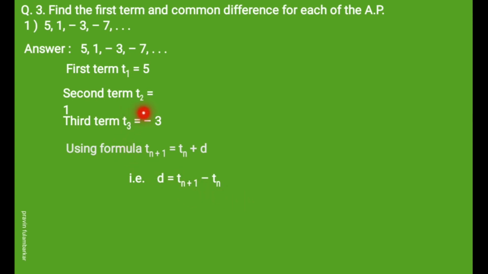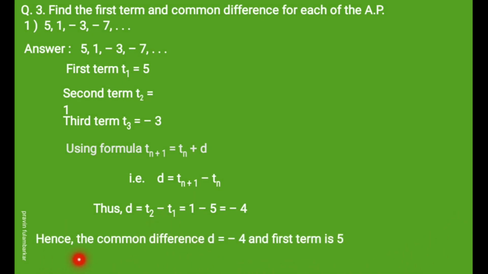That means we can find the value of D by using T2 minus T1 or by using T3 minus T2. So we write D equals T2 minus T1, T2 is 1, T1 is 5. So 1 minus 5 equals minus 4. Similarly we can find it using T3 minus T2.